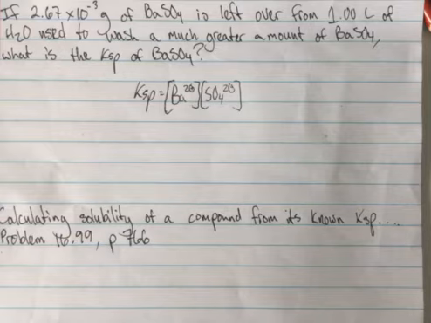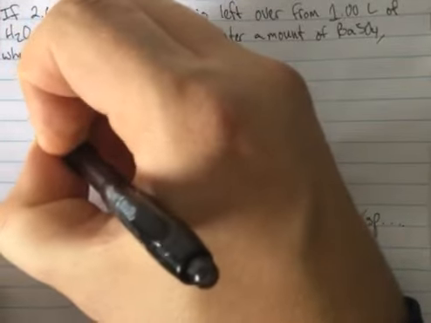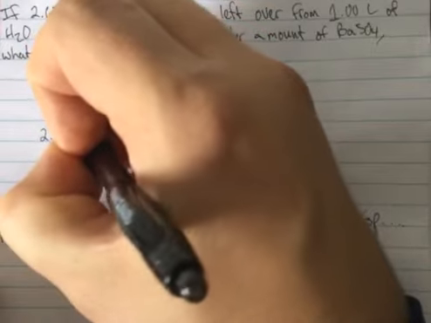2.67 times 10 to the minus 3 grams is left over out of 1 liter of solution that sponged it up. Let's convert this into moles.